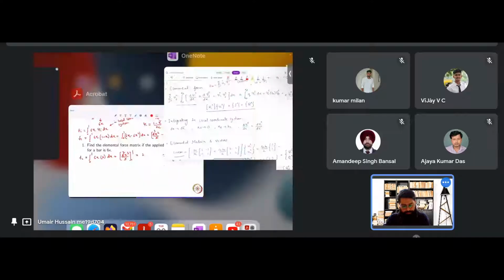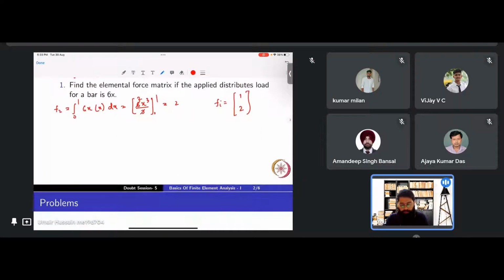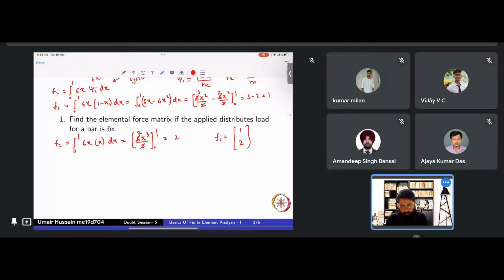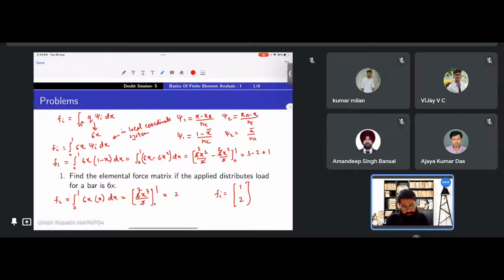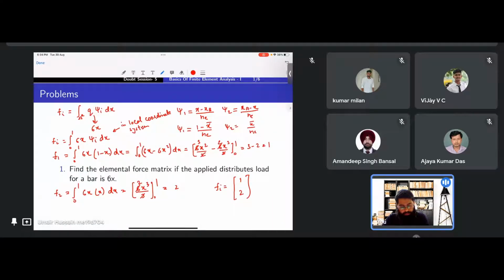Q is a variable. You can't directly use a formula here. What if we use the global shape function?